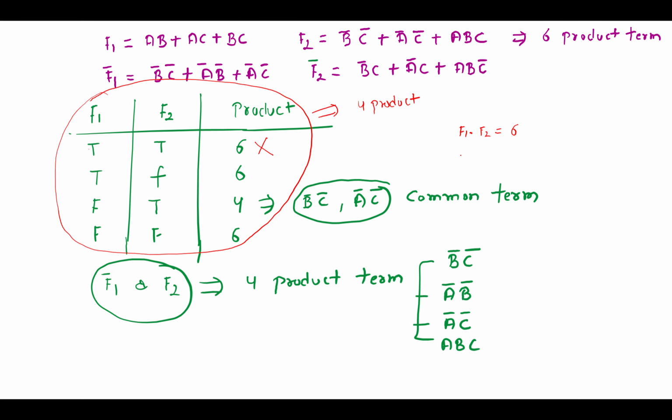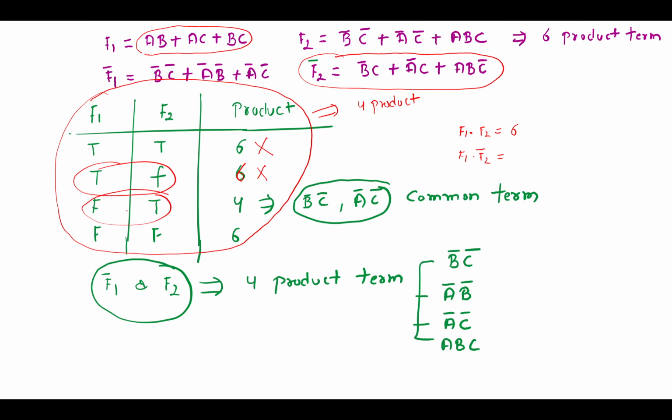In the second term, F1 is true and F2 is false, means F2 bar. Here check carefully, F1 value is here and this is F2 bar. So again you get 6 product terms. That is also useless.